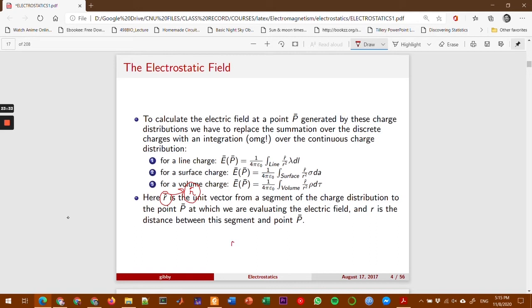Nakoy line din ha. And then I want to calculate the electric field at this point P. So nakoy segment. So this is my segment. That's my lambda dl. And I want to calculate that one. Saka ang yung electric field from this point lambda dl up to point P, the field point, and this distance is given by this. Okay, kana siya.